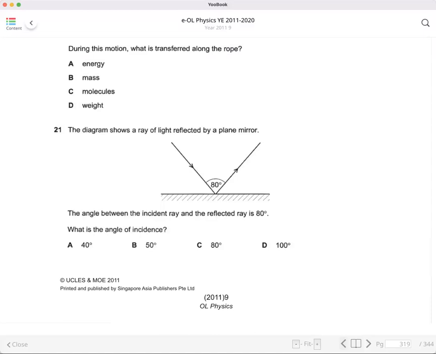Okay, 21: Yiting, Ryan, Hao Rui, Oscar, Qiao Xing, well done. Bei Kwan, incorrect. All your angle of incidence and reflection, all the angles, are always measured to the normal. This is your normal. So in this case, this is your incident ray, this is your reflected ray. Understand?